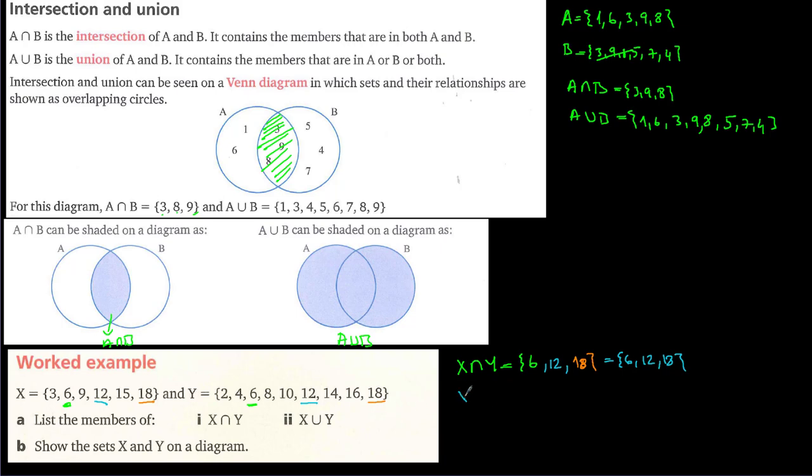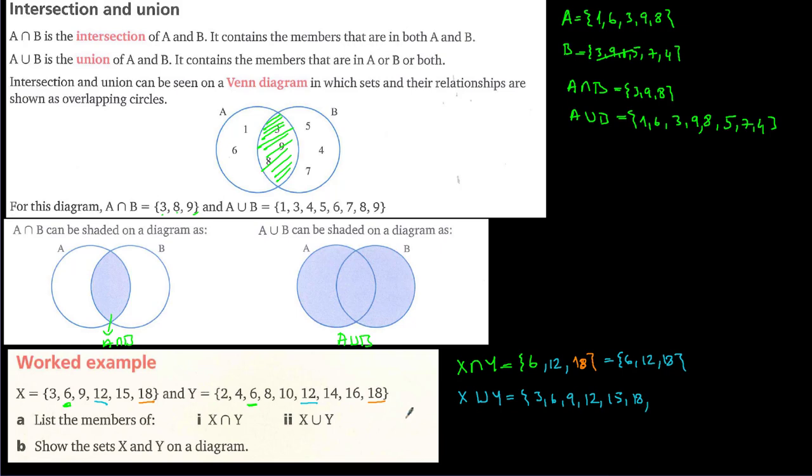For completing X union Y, you should follow the instructions. Firstly, you should write the elements of X, which is 3, 6, 9, 12, 15, and 18. Yes, I have written. Pardon, I shouldn't close this one.